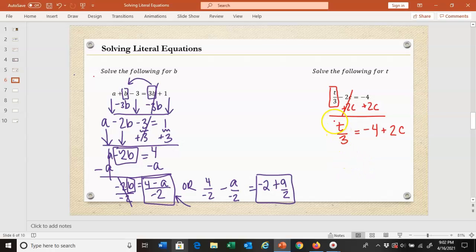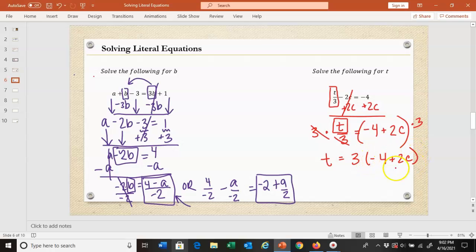And lastly, in order to get this t by itself, look, we're dividing by 3, so the opposite or inverse of division is multiplication. So we will multiply both sides, everything on the right-hand side by 3. And I'm just going to pop it here in the front.